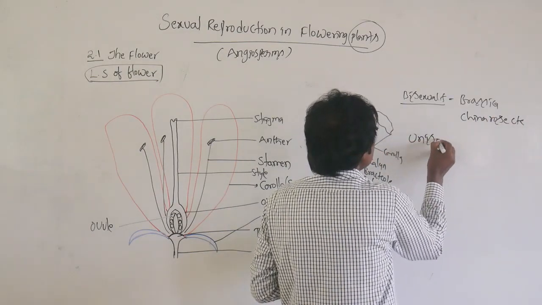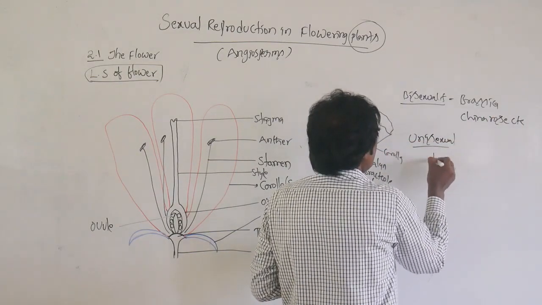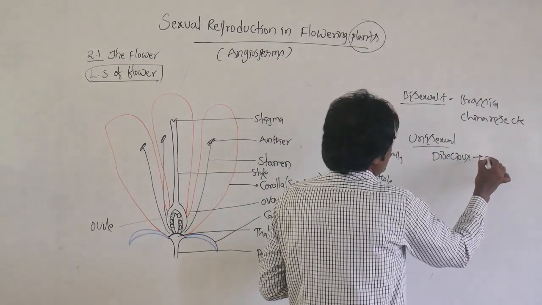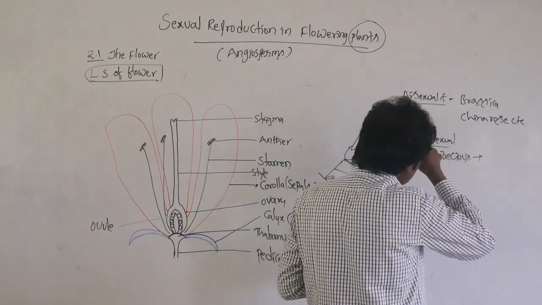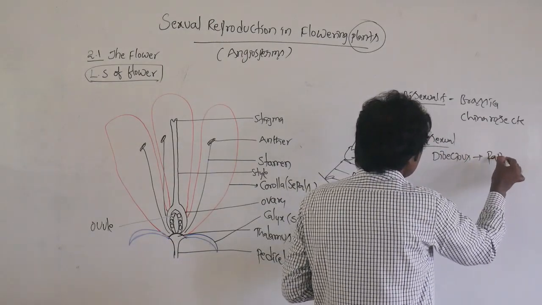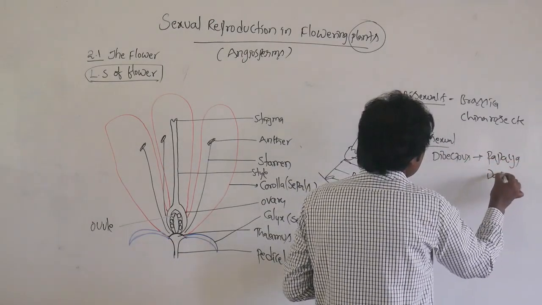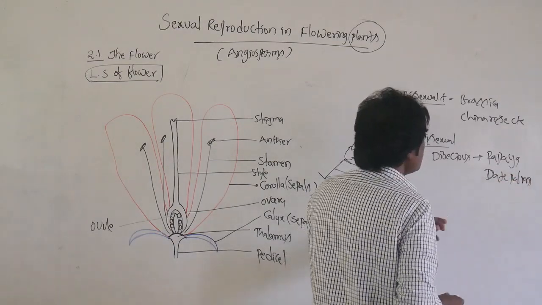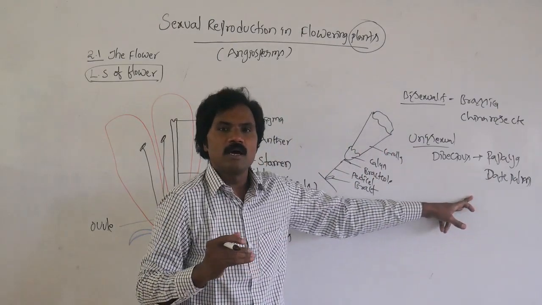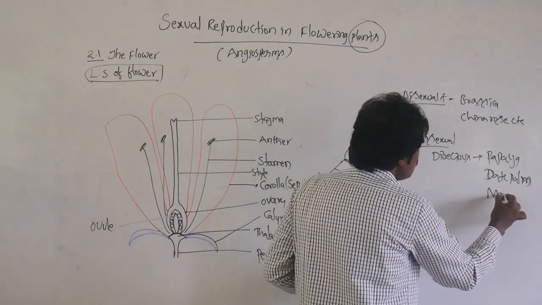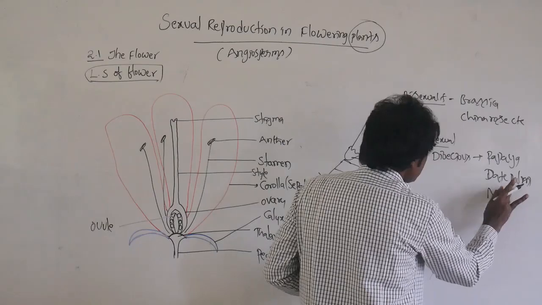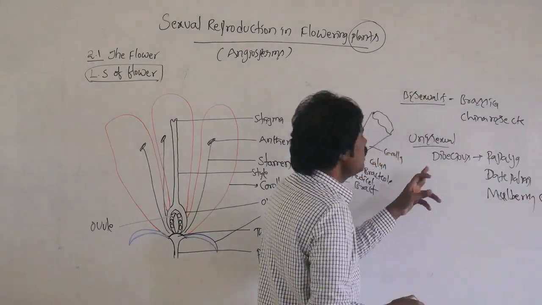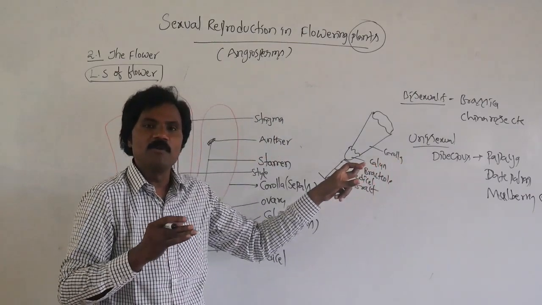Like unisexual or dioecious, we normally observe in papaya, date palm, marigold or mulberry. Such types are dioecious, where male and female flowers are on separate plants.